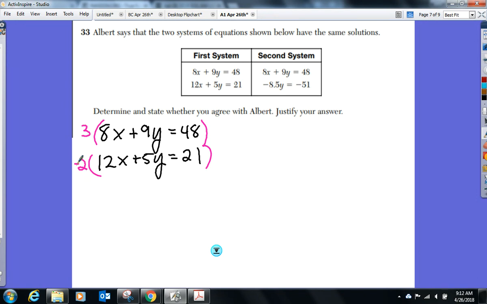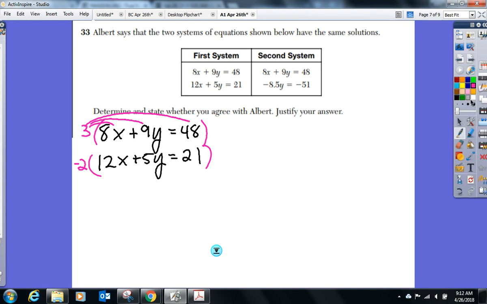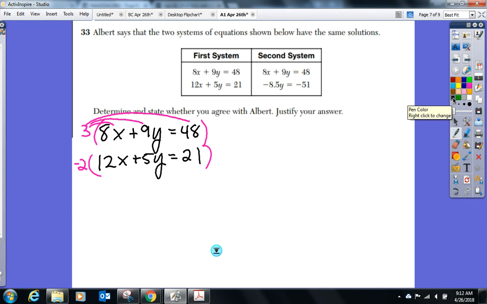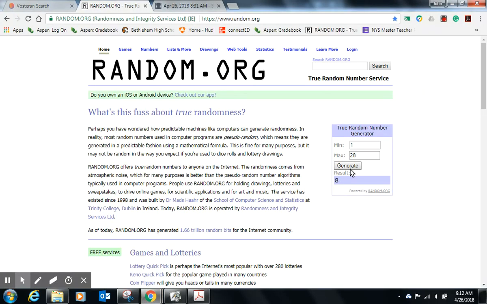All right, now I'm going to open up to you guys. Make sure when you distribute the 3, you distribute it all the way across the equation, including after the equal sign. So go ahead, distribute the 3 all the way across. Here you go, 8.